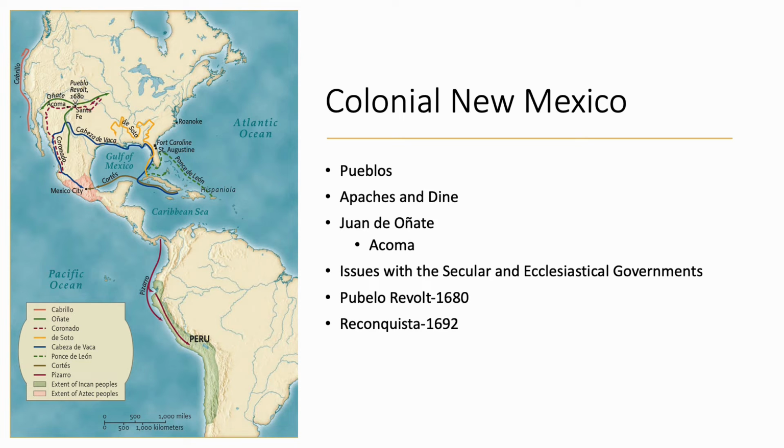Many of them begin robberies amongst each other. There are wars. The Apaches and the Dene have taken advantage of the situation and are attacking the Pueblos. And so some, not all, but some of the Pueblos actually welcome the Spanish as a return to normalcy.